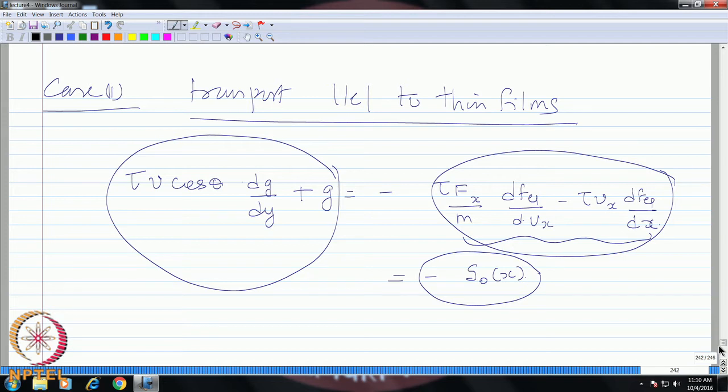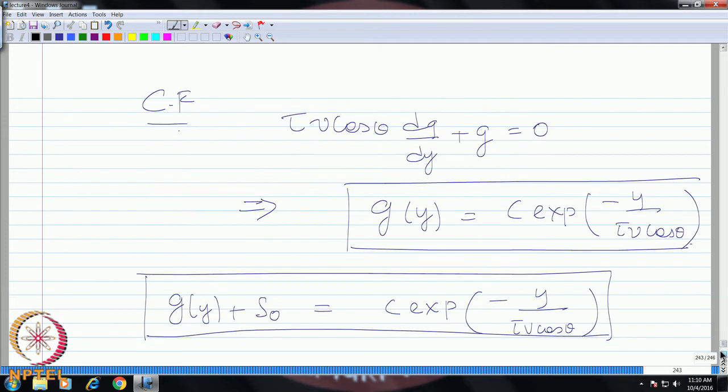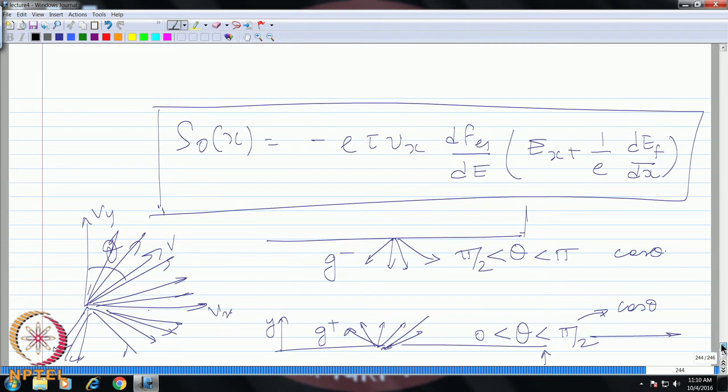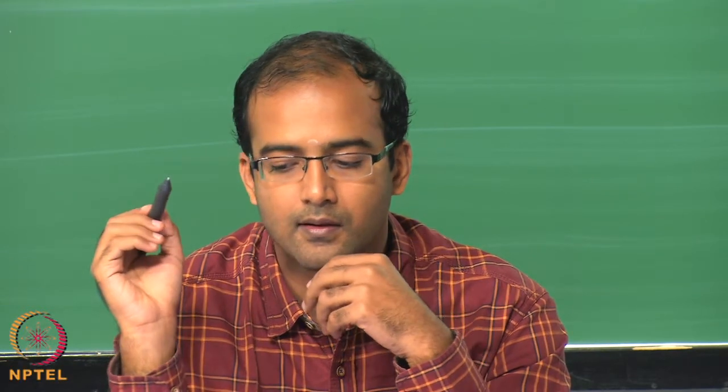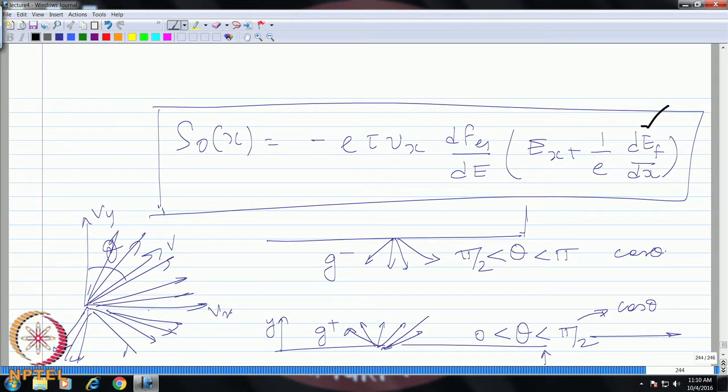Okay. So, therefore, S naught of x can be written, for example, in the case of charge transport, it comes out to this particular form. So, the variation of F equilibrium with respect to x is coming from the dependence of the Fermi level on x, okay, that is this term, and the other term is the variation with respect to Vx, the momentum coming from the variation of E on that.